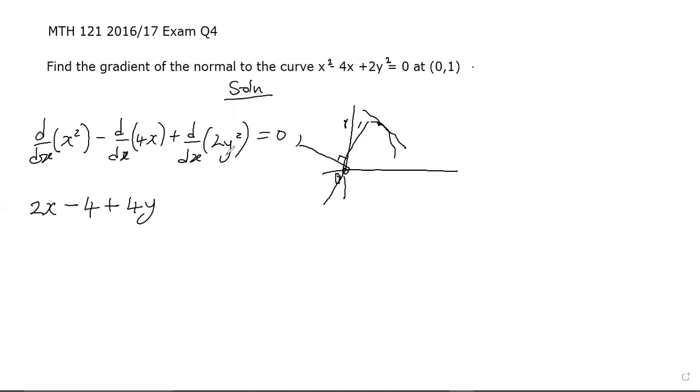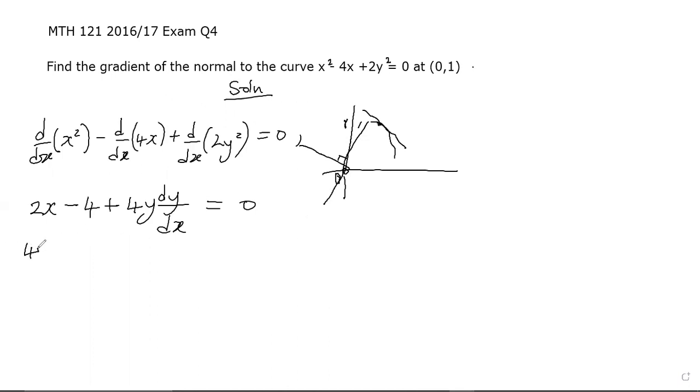Since you are differentiating a y, which is a dependent variable, you add dy/dx to it, equals 0. So now we have to make dy/dx the subject of our formula. So we have to take the other terms to the right hand side.